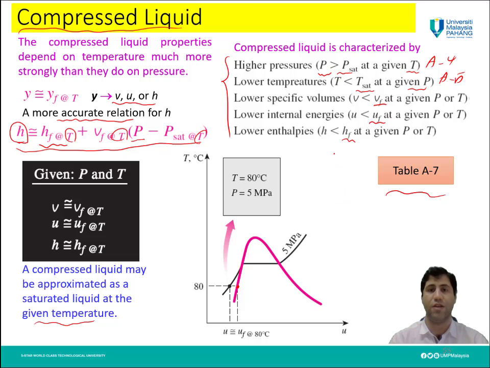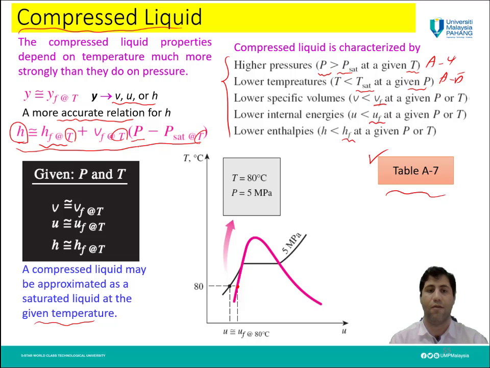But the most accurate method is using this table. First, you need to understand if it is in the compressed liquid region or not by these conditions. If it is in this region, you need to go to this table and find the properties for water in this region. Also, the second method is this one.